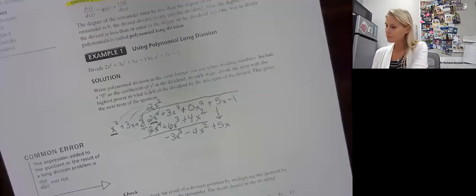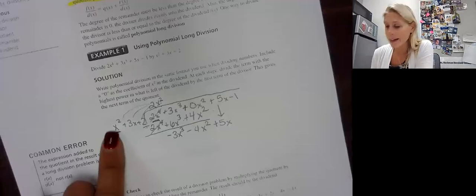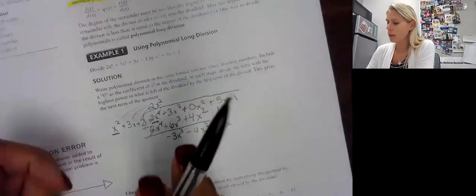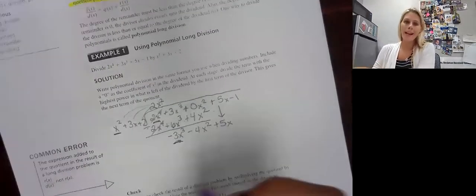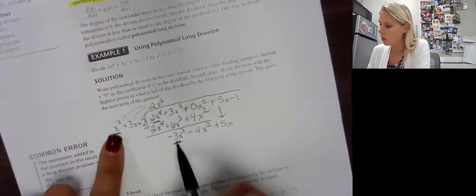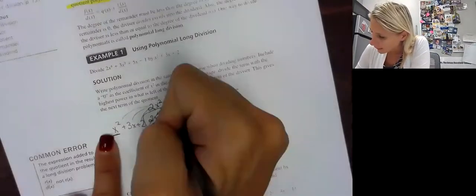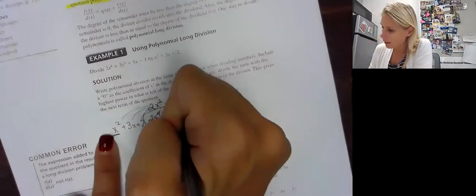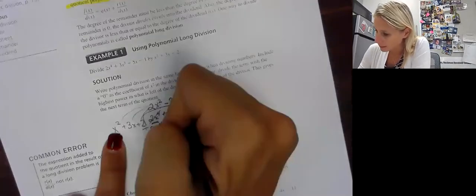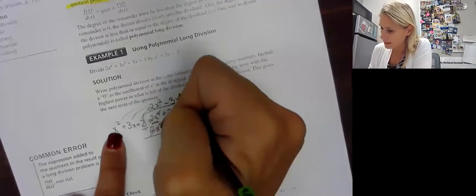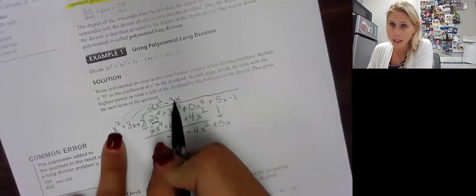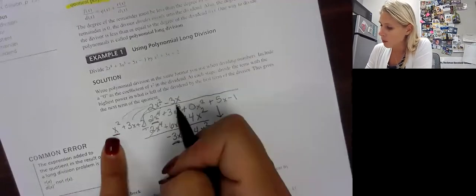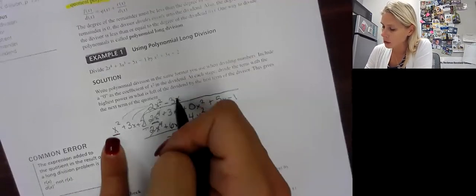Okay? Now we start over again. What do you multiply x squared by to get to negative 3x? Well, 1 times negative 3 is negative 3, and x squared times x is x cubed. And look, we're just going down by 1. Okay, so keep that in mind. Now we're going to multiply by each.